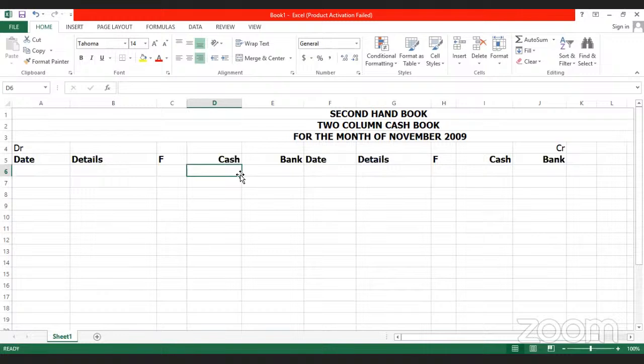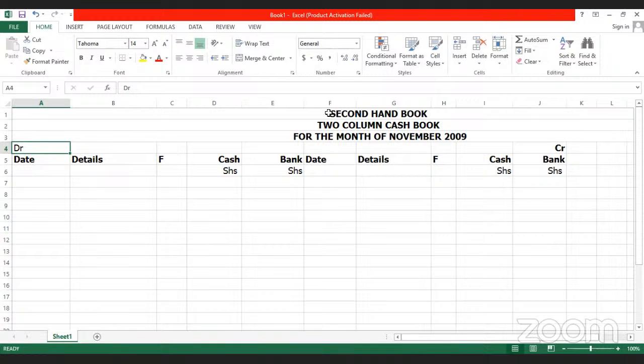Now what we have to do is start entering the transactions one by one, making the entries in this cash book. In the cash and bank columns, we record the amounts in shillings. That is our presentation of currency.